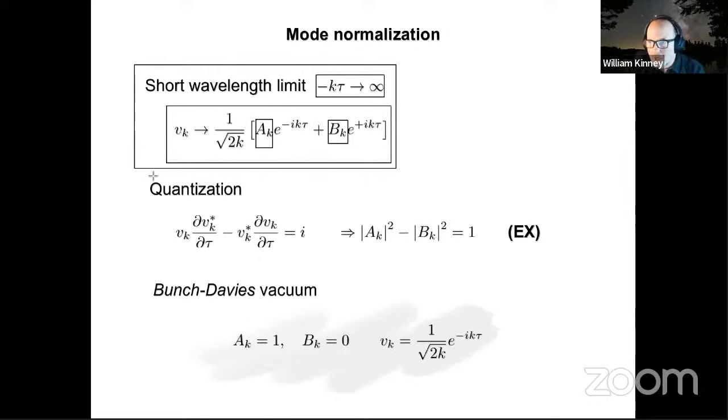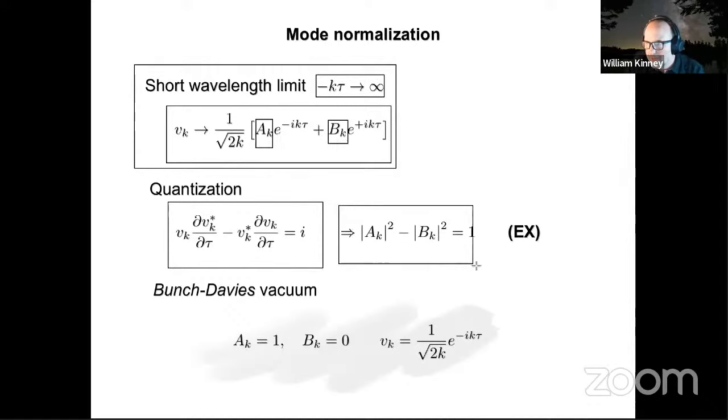The first is quantization fixes one of these normalization constants in the following way. If we take this Wronskian condition on my mode function at short wavelength, we can derive that the Wronskian condition is equivalent to a squared minus b squared equal to 1 for each independent wave mode k. In fact, we don't even need to take the short wavelength limit. We could apply this Wronskian directly to the Bessel functions, use Bessel function identities, and you get the same result.